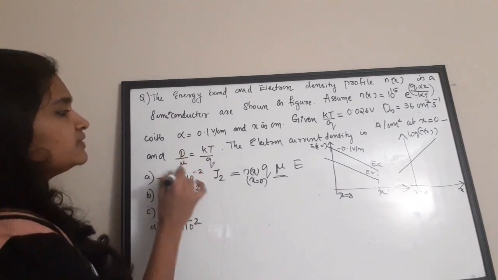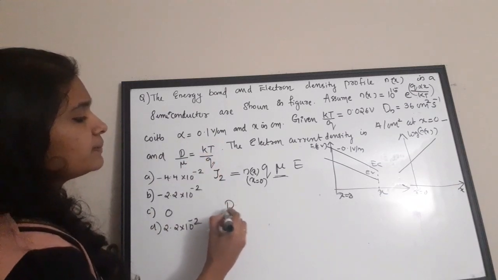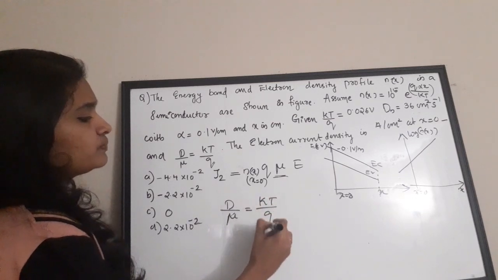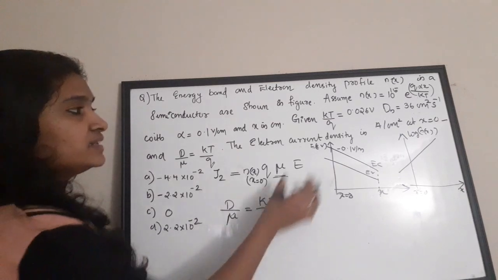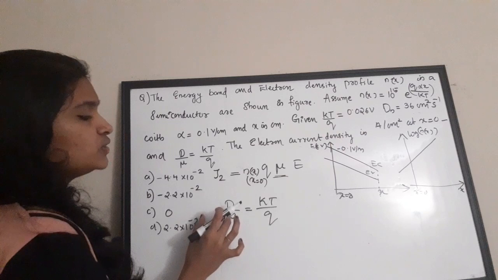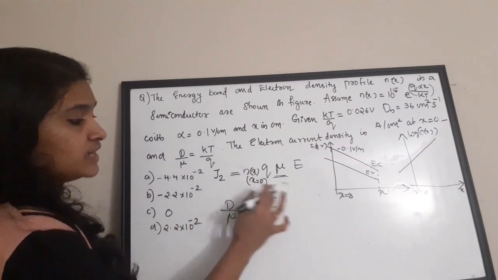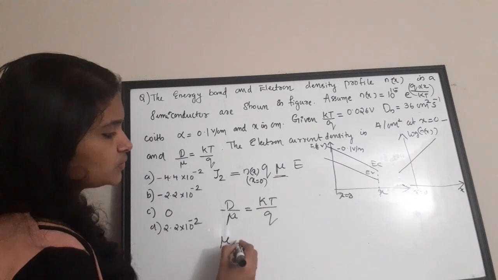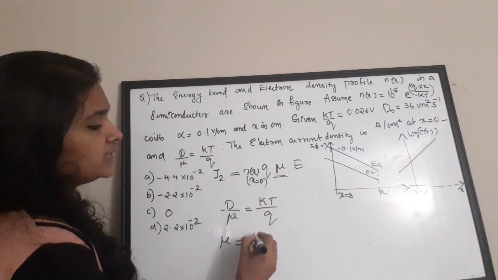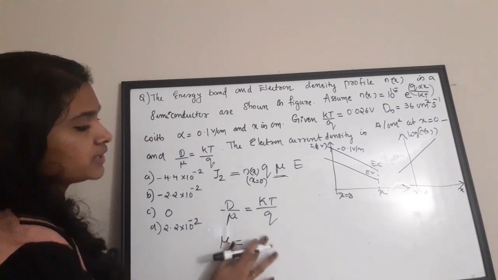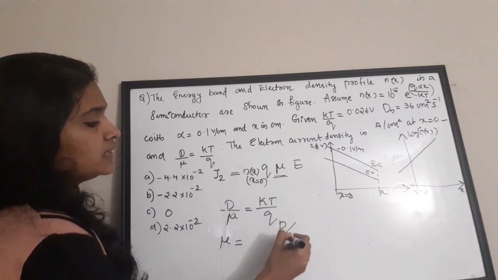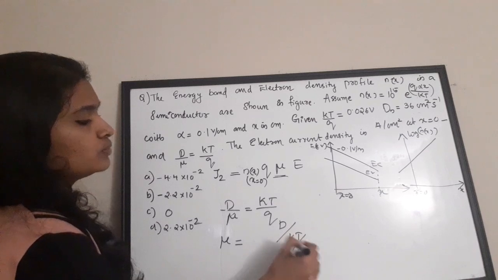But we have been given this relation that D by mu is equal to kT by q, right? We have also been given the value of kT by q. So we know the value of D, we know the value of kT by q, so we can find the value of mu, right? So what will be mu? Mu is equal to D by kT by q.